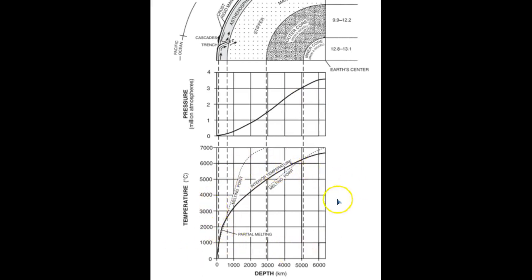Finally, we have this bottom graph here, which again corresponds with the layers. You have dotted lines that you can follow it down. This is where we read the temperature of the interior of Earth. So the temperature is measured in degrees Celsius, and then you have your depths here, which are in kilometers.